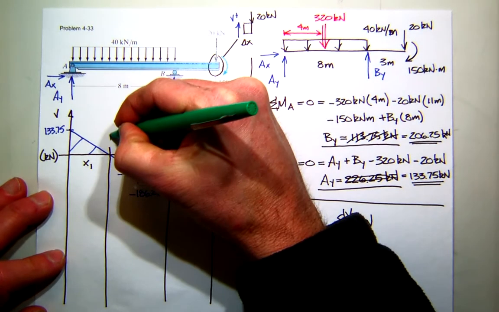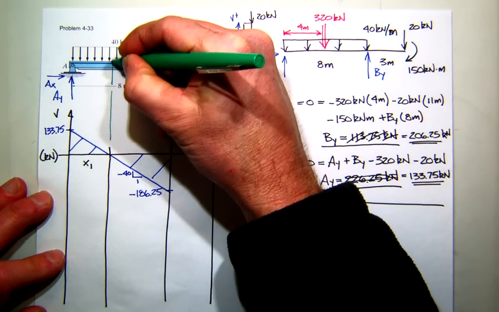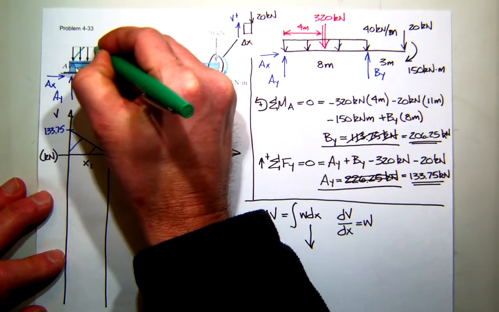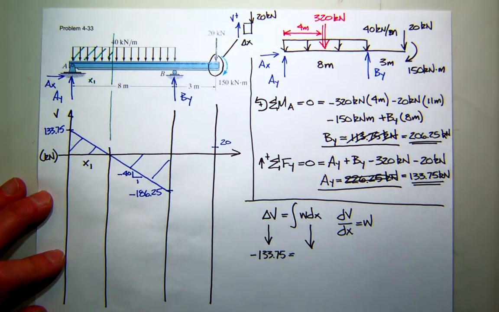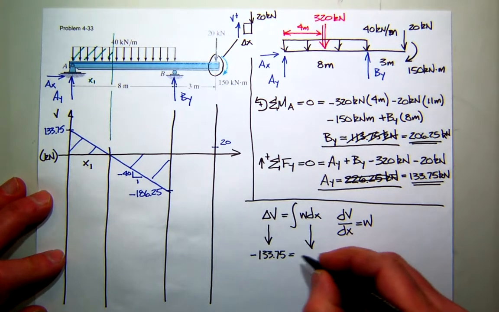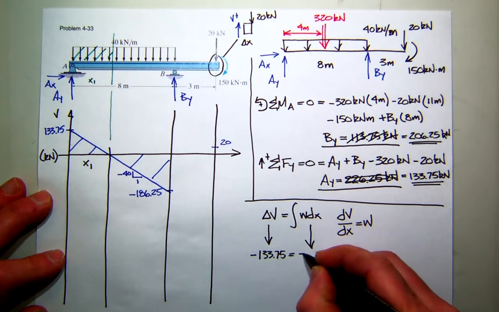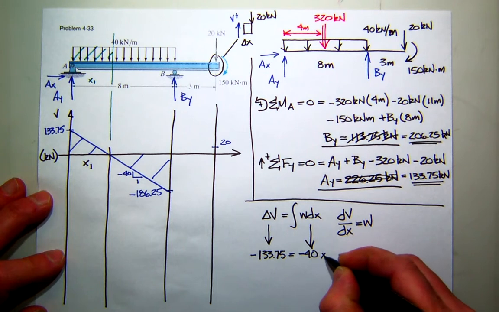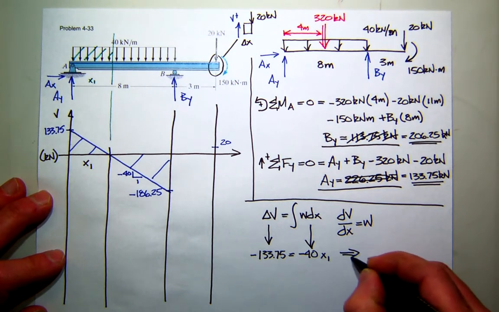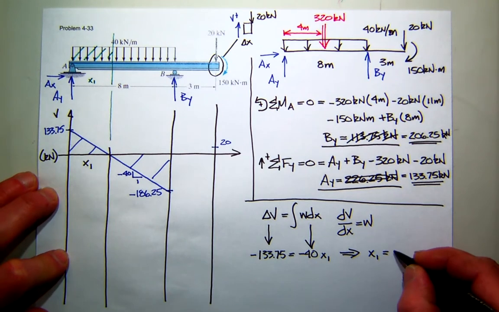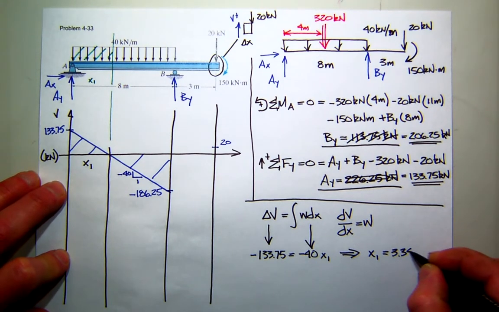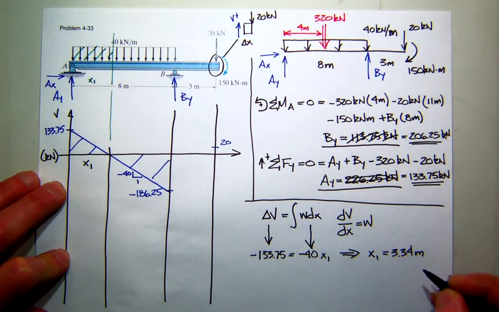If I project this up and look at this area for x1, what is that area? 40 times x1. Remember, 40 is negative. Negative 40 times x1. So therefore, x1 is 133.75 divided by 40. 3.34 meters.